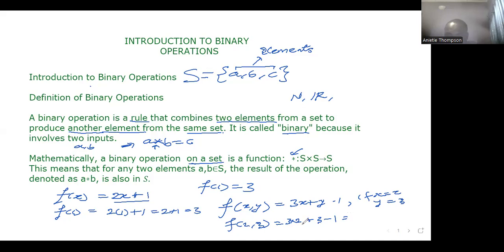And of course, this is 6 plus 2, and that will give us 8. Now, we have that f of 2 comma 3 is equal to 8.